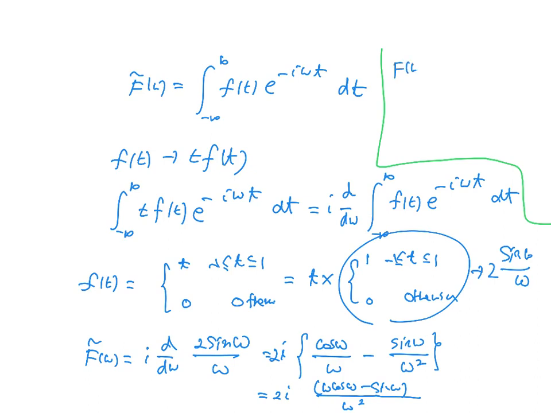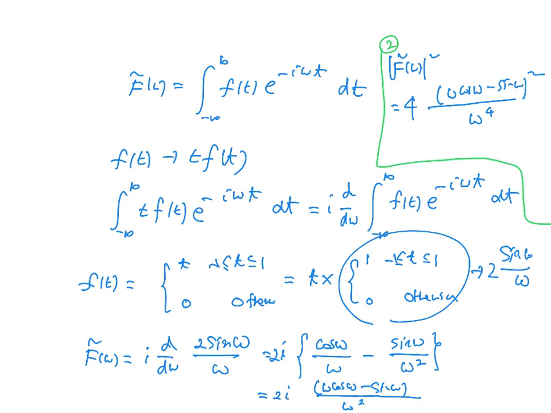So the absolute value squared is four times (omega cosine omega minus sine omega) squared over omega to the fourth. So if you integrate this, what happens?